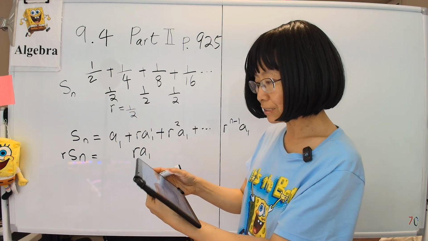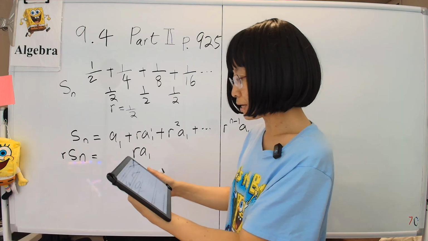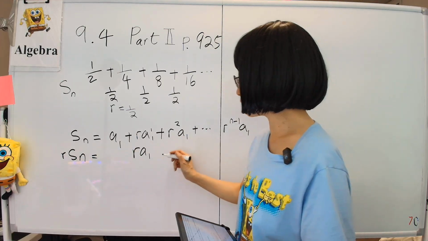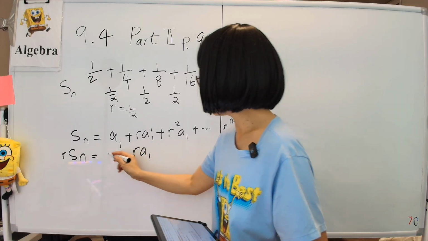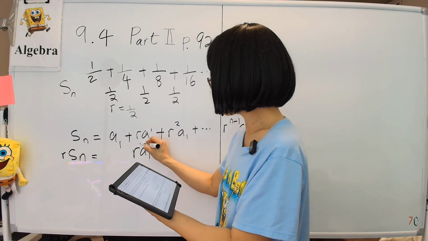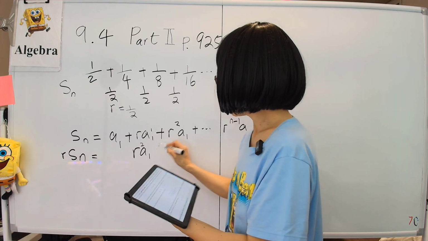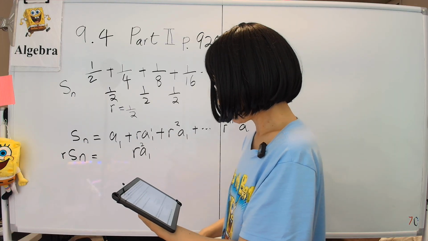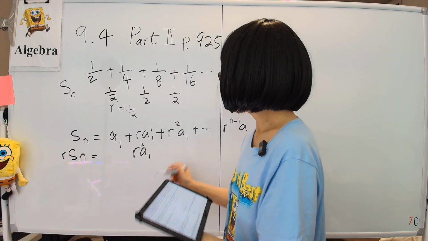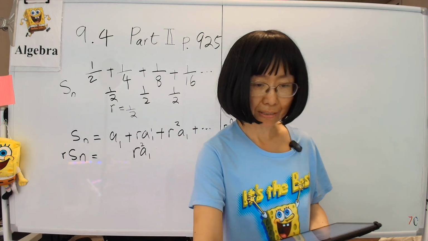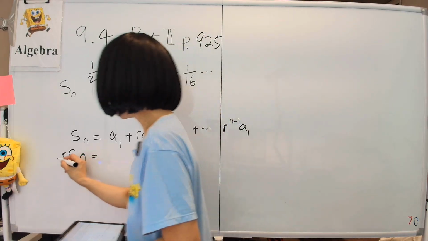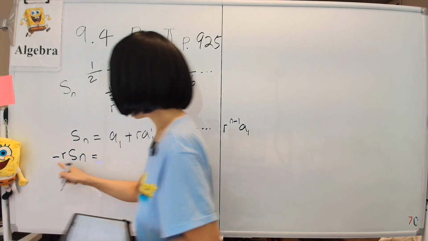But anyway, if we multiply everything in the whole series by R, then everything in here gets multiplied. What we're going to do is multiply by minus R on Sn.